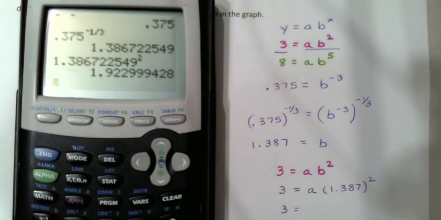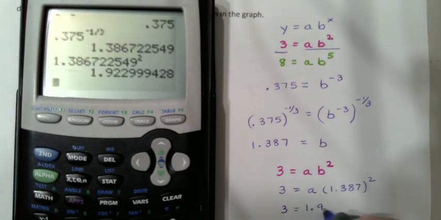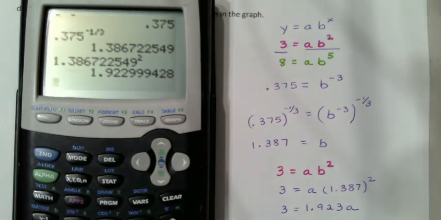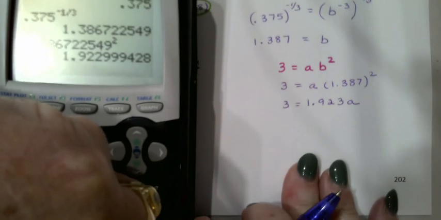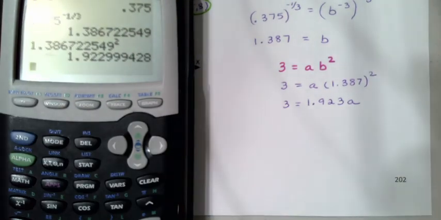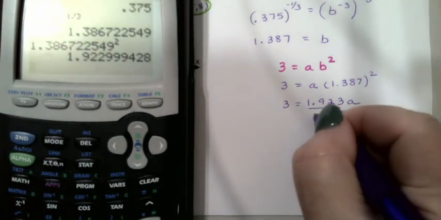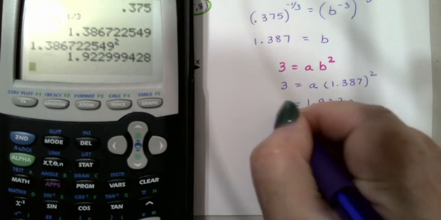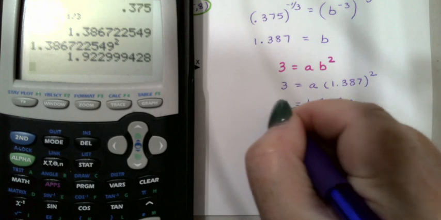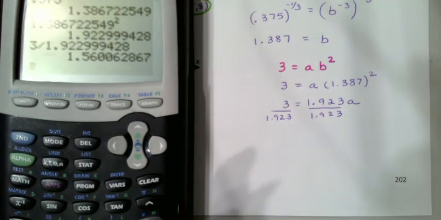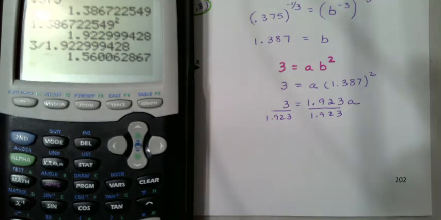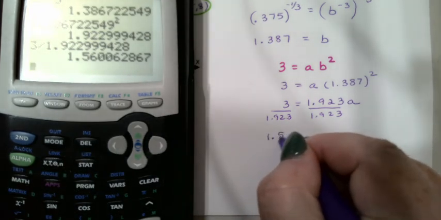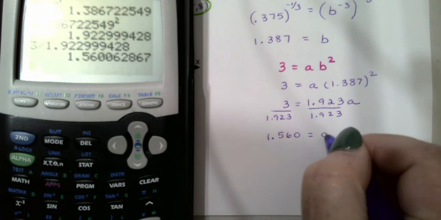About 1.923. And that's a multiplier now of a. So to finish this up, I need to divide by the 1.923. And I get about 1.560 for a.